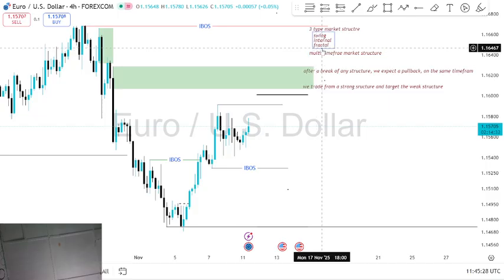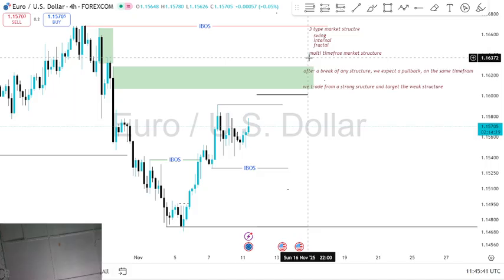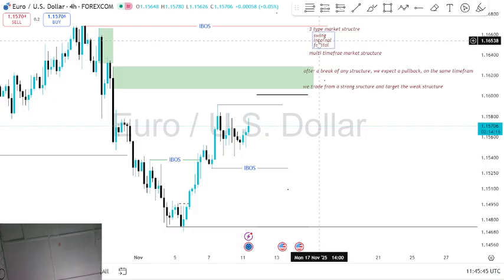The fractal structure will switch trend to facilitate the internal pullback, or the internal structure will switch trend to facilitate the objective of the fractal pullback.